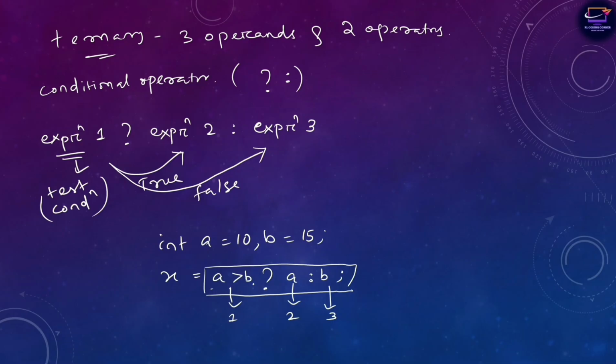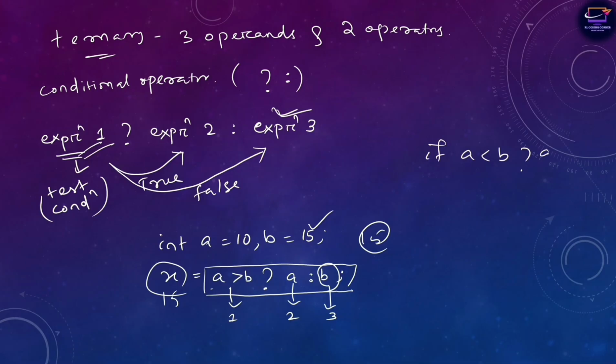So is 10 greater than 15? No, it is false. So now the control will go to expression 3 here. If expression 1 is false, then expression 3 is evaluated. So expression 3 is b, and in b there is the value 15. So in x what value will be stored? That is 15, right?